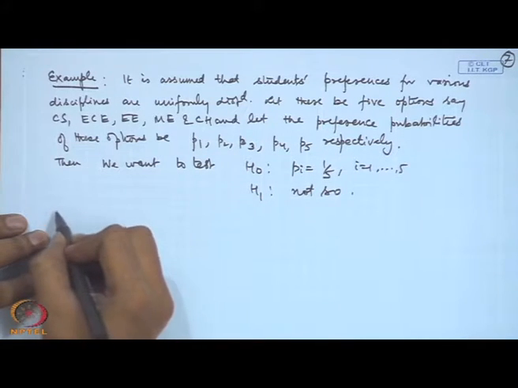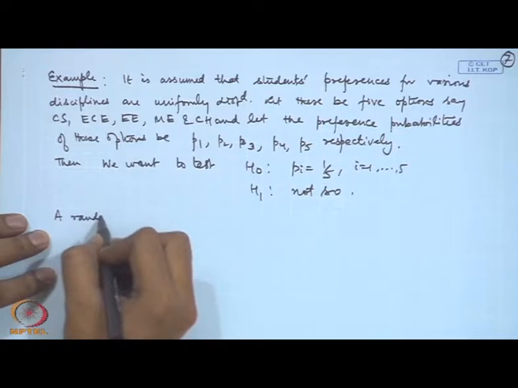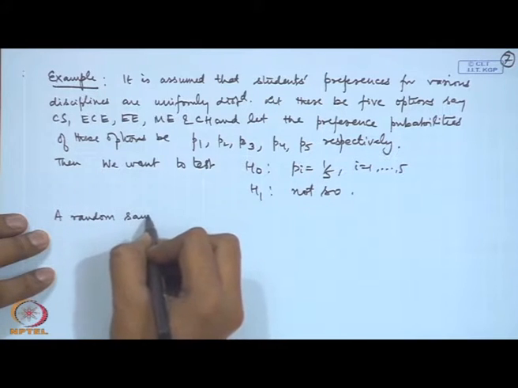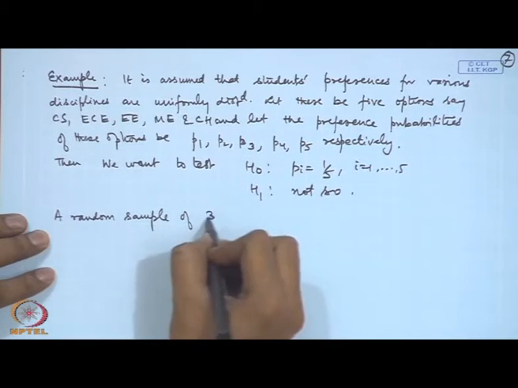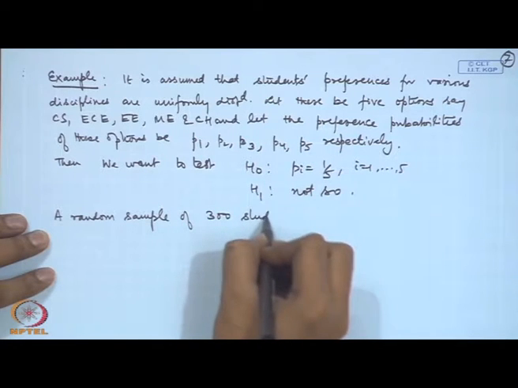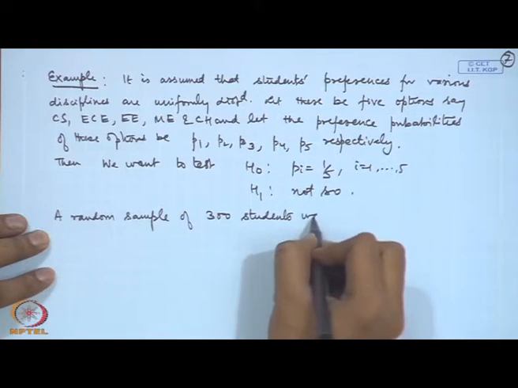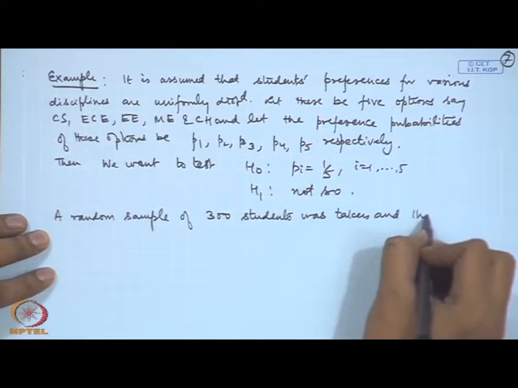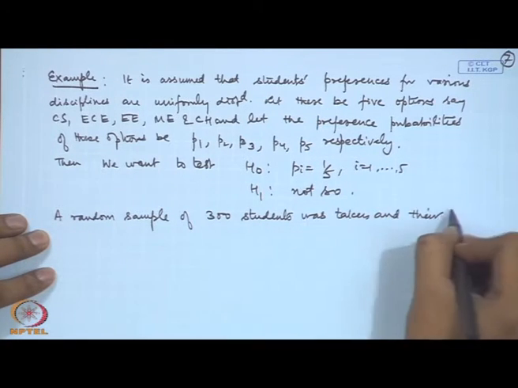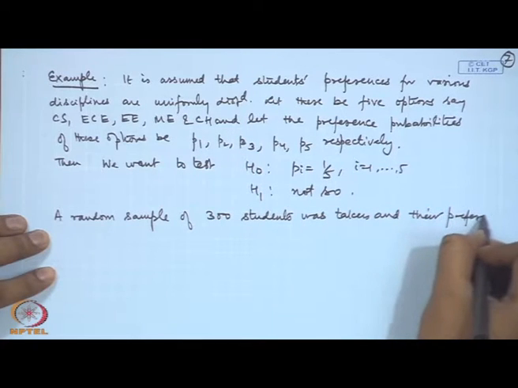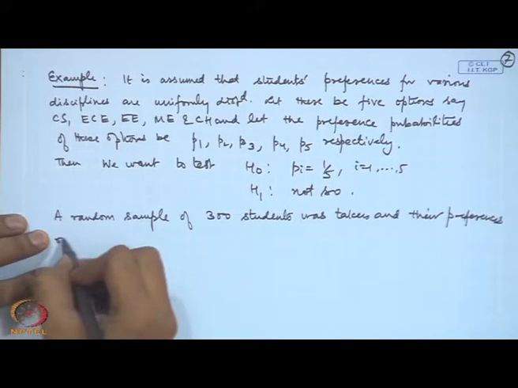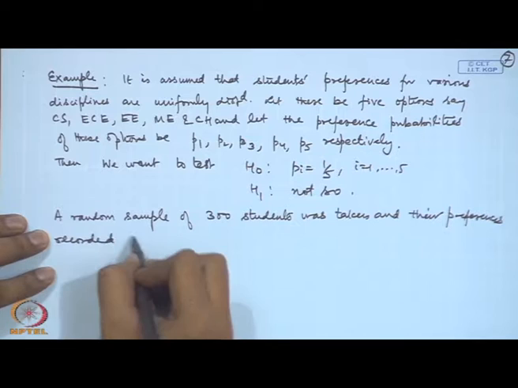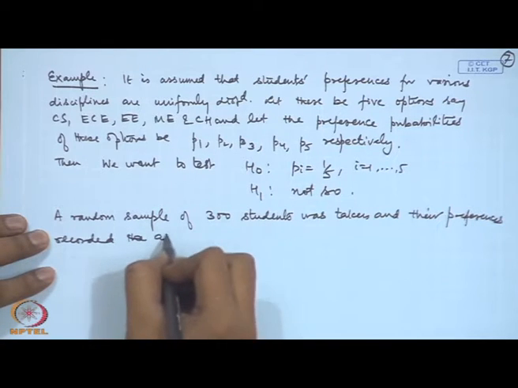Then a random sample of, say, 300 students was taken and their preferences recorded as below.